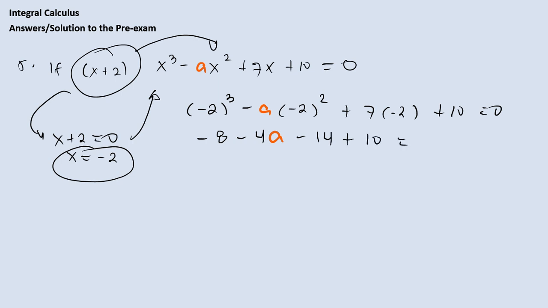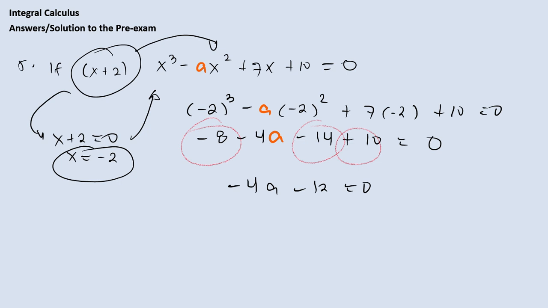So we're going to sum up all of the yung mga walang variable. We have negative 8 minus 14 plus 10. This becomes negative 12. So we have negative 4a minus 12 is equal to 0.